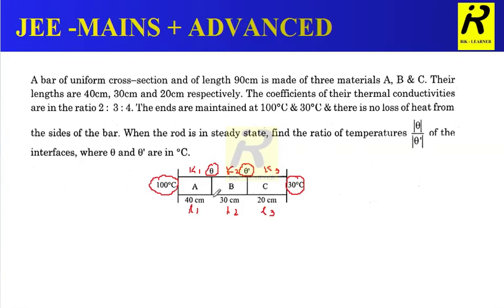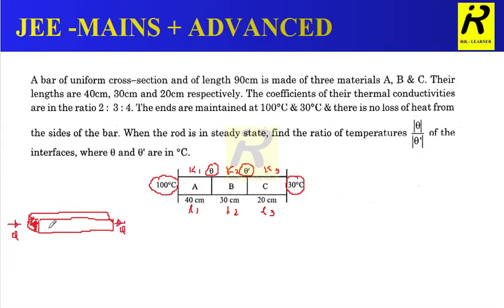Well, for this I have to use the formula for the rate of heat transfer through the conductor. For example, if we are having a conductor like this, this is the area of cross section, and now how much heat enters here is Q, and the same amount of heat should pass here after some time.